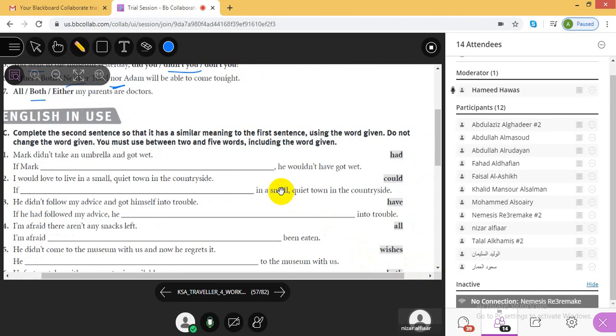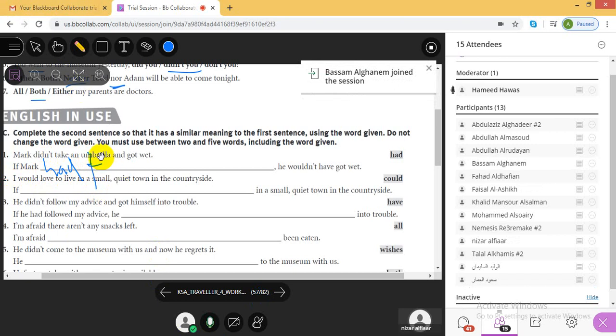Mark didn't take an umbrella and got wet. So the situation is that Mark didn't take an umbrella and he got wet. So I will use if in the third form. After if, I must use had and verb 3. If Mark had taken an umbrella, he wouldn't have got wet.